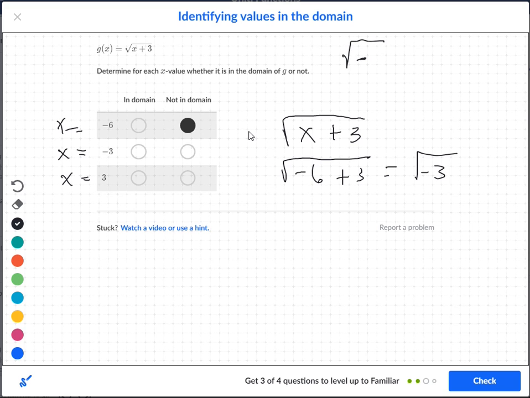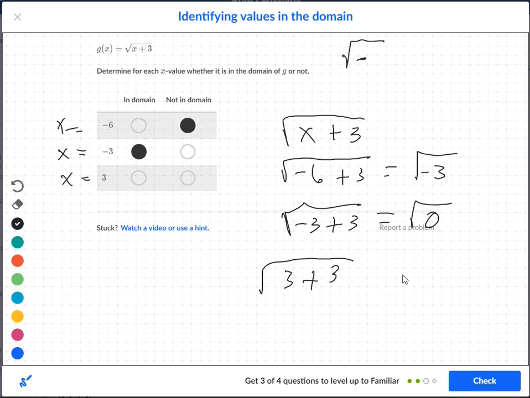This time let's try the negative 3 and see what happens. Right here I'm going to get negative 3 plus 3, and this is the square root of 0. The square root of 0 is fine. You just can't have a negative number in there. So yes, the 0 is acceptable, and that does work. Now what about the positive 3? Let's kick out the x and put in a 3. 3 plus 3 is a positive 6.